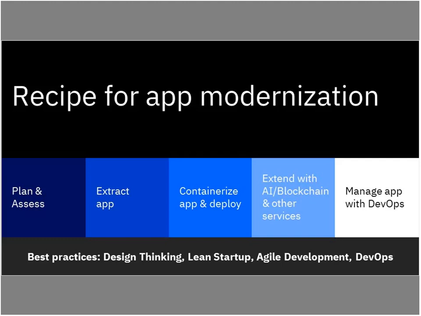There's an extract phase of this, and we'll look at tools, at particular pieces of how we can extract an app and go through it, and we'll have an example here of how we can do that for a WebSphere app. We containerize it and deploy it to the cloud, extend it with the blockchain and all the other pieces of this. So containerizing the app and deploying it is where we start to bring in the 12 factors.